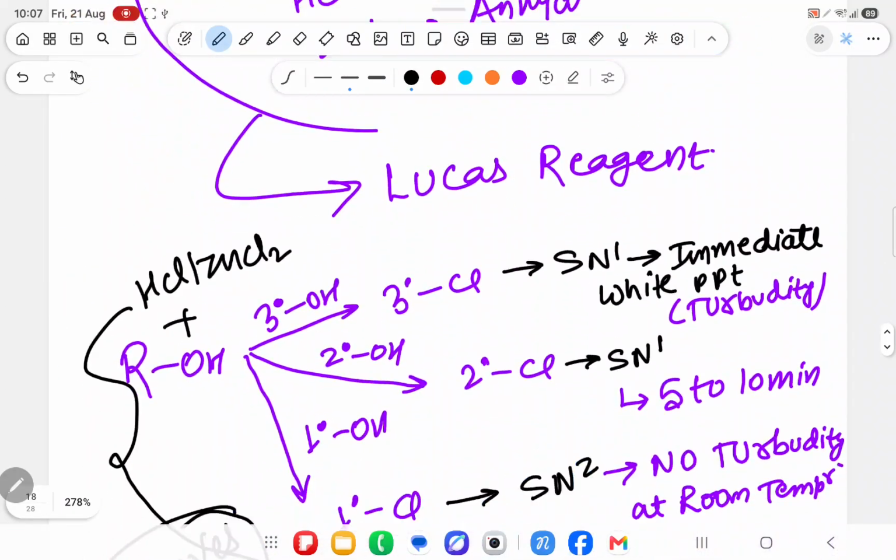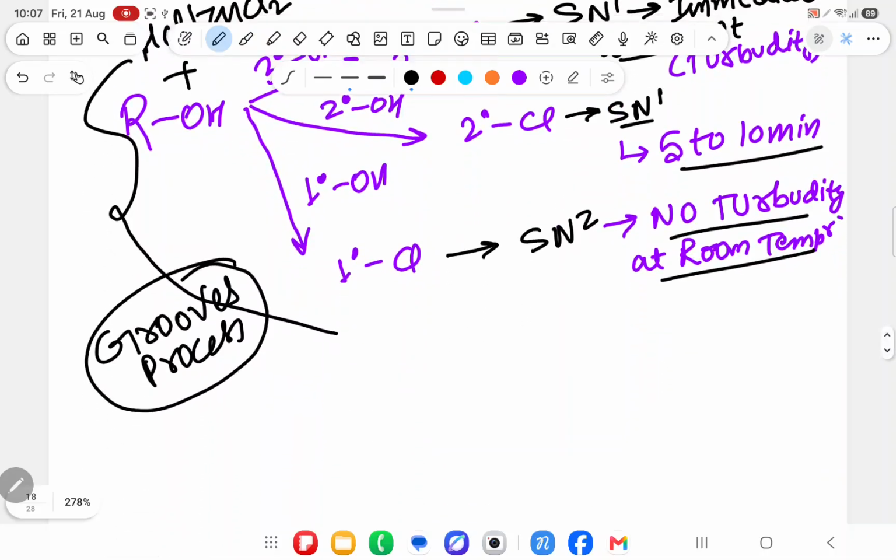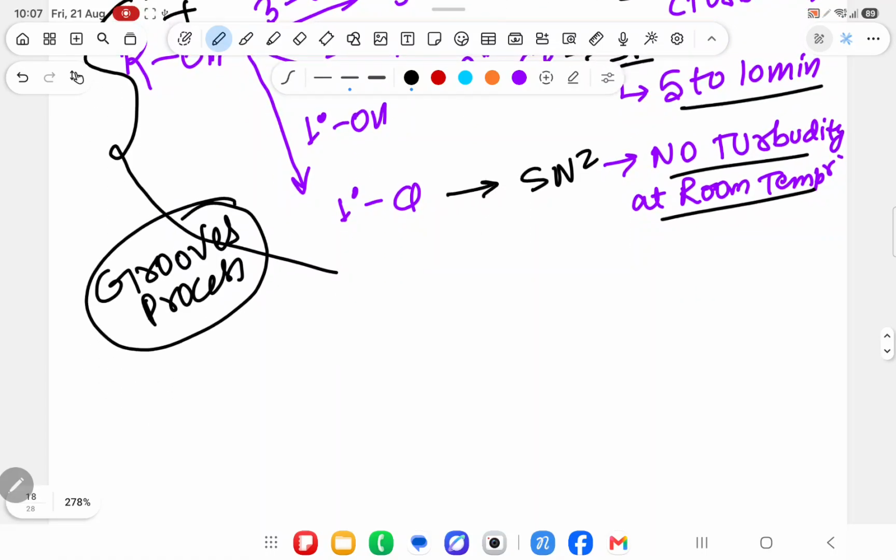Only in the case of HCl, 3 degree will give SN1 and white precipitate immediately. 2 degree will give in 5 to 10 minutes, and 1 degree no turbidity. And this whole process of Lucas reagent is known as Groove's process.